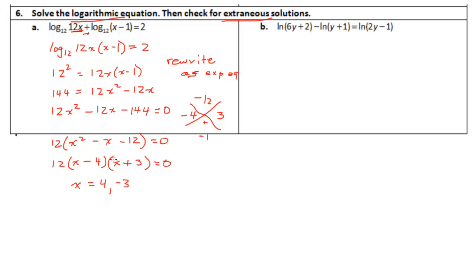Moreover, over here, if I plug in negative 3 minus 1, that's negative 4. Log base 12 of a negative 4, I can't do that. So this negative 3 is extraneous. And the answer is just x equals 4.